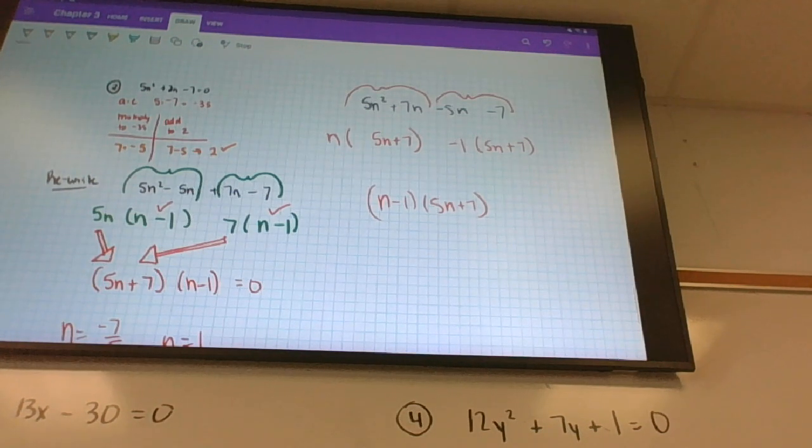But instead of this middle, the middle's not working, you use this n instead. So it'll be 2n squared minus 7n plus 4n. The idea here is to try to combine.